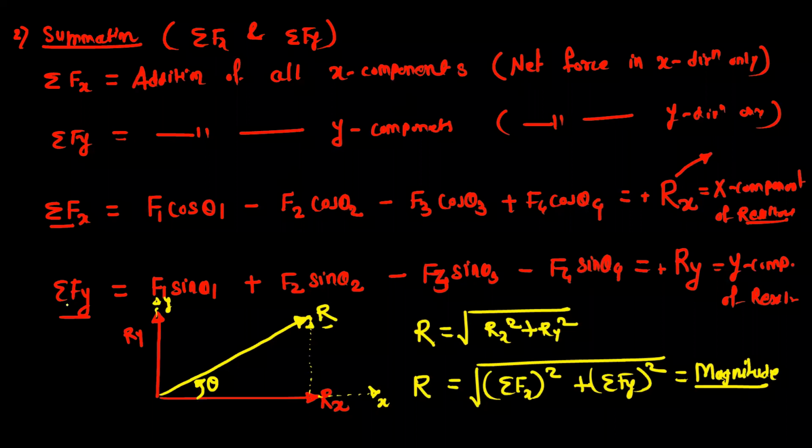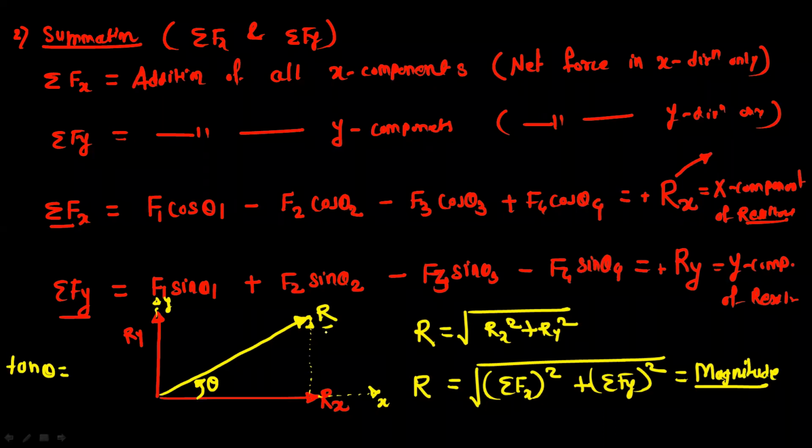Now to find out the direction of the resultant, you can use tan theta. In that right angle triangle, tan theta is equal to opposite upon adjacent.